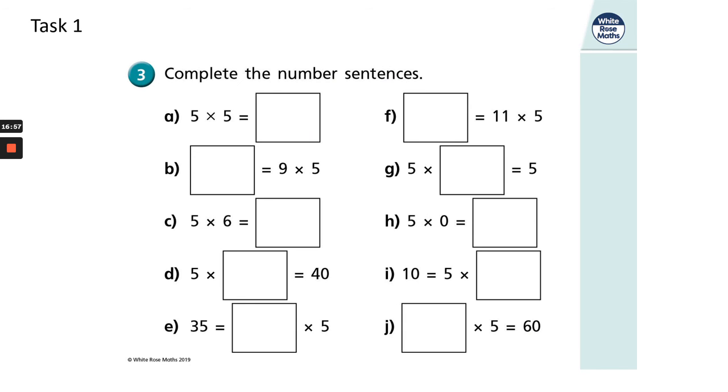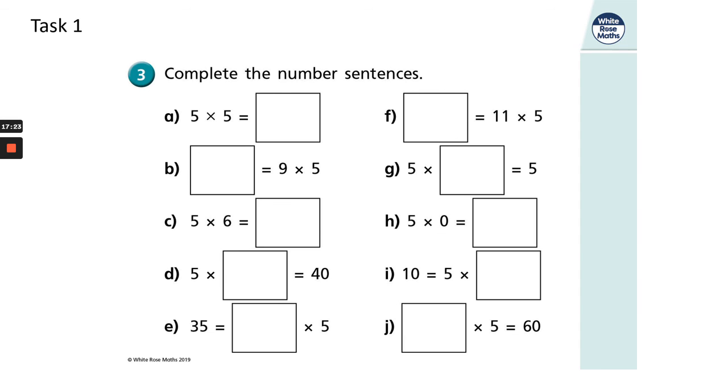Now your first task for learning is to complete our number sentences, complete our times table facts. Write down your answers and complete the box. So let's do the first one together. 5 times 5 equals. We can count in 5s, and we need 5 lots of 5.